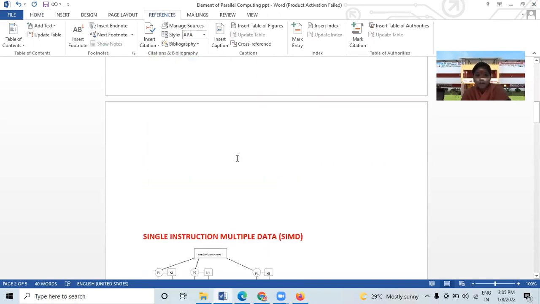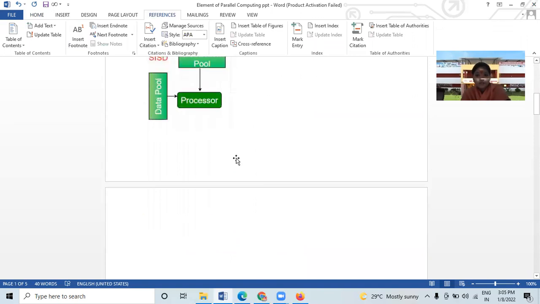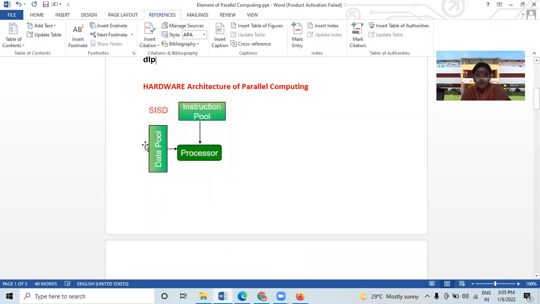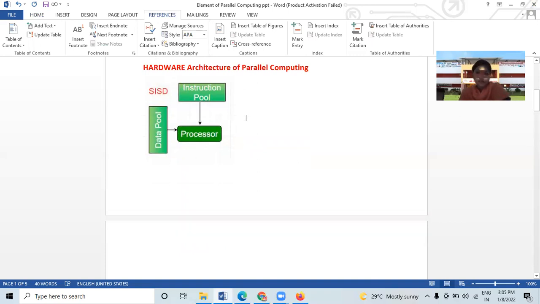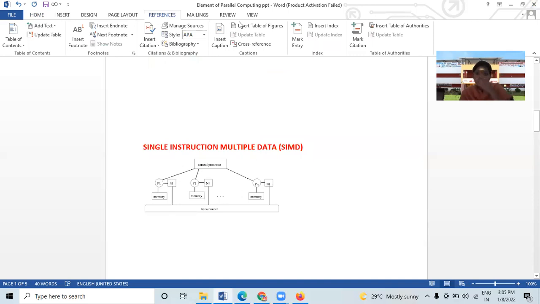You can see here. सिंगल इंस्ट्रक्शन में सिंगल डेटा प्रोसेस होगा, यहाँ पे इंस्ट्रक्शन पूल, देन डेटा पूल एंड प्रोसेसर. मतलब प्रोसेसर डेटा को पुल करेंगे और इंस्ट्रक्शन को पुल करेंगे और व्हाटएवर दे वांट टू परफॉर्म टास्क दे कैन डू इट. Okay, so in this we can say single instruction single data, multiple data. Okay, so SIMD.